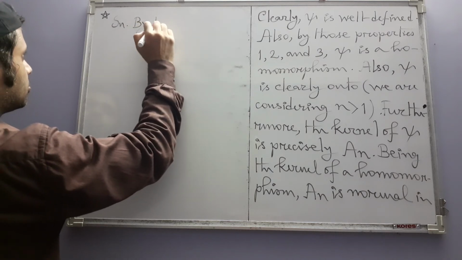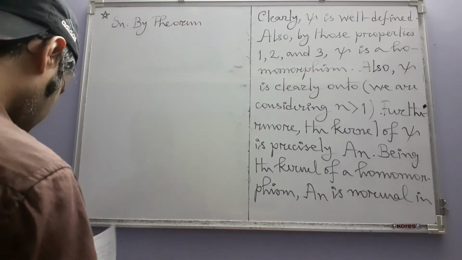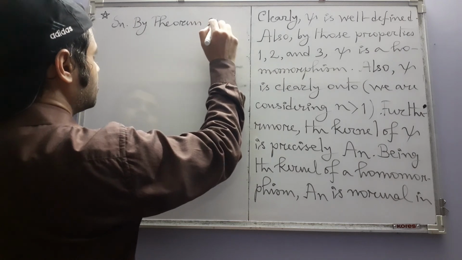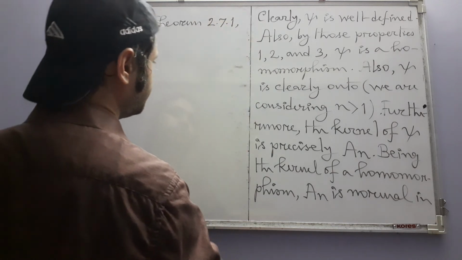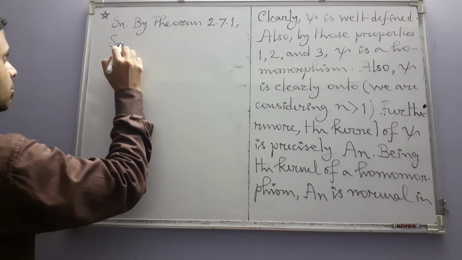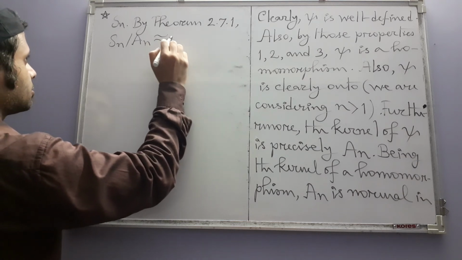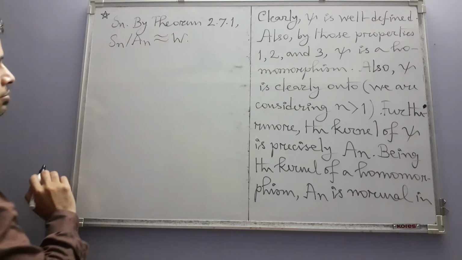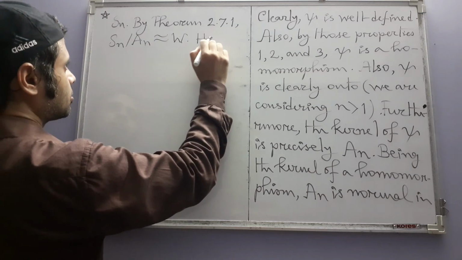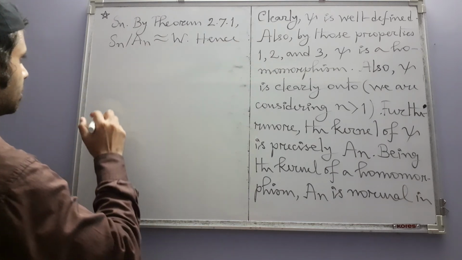By the theorem, I need to mention the number, luckily I have the number here, 271, this quotient group is isomorphic to our little group W. Hence, because we are dealing with finite groups, they will have the same order.